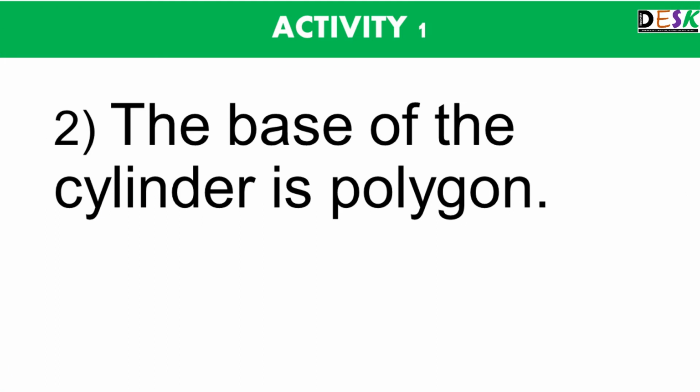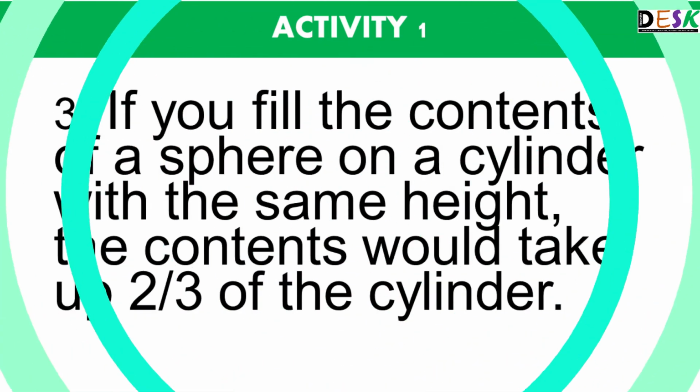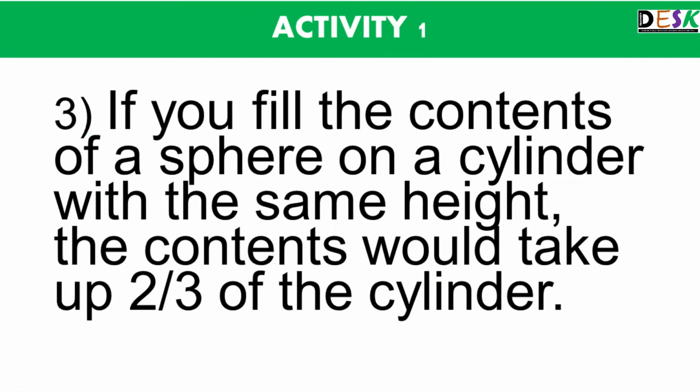Number 2. The base of the cylinder is a polygon. Number 3. If you fill the contents of a sphere on a cylinder with the same height, the contents would take up 2/3 of the cylinder.